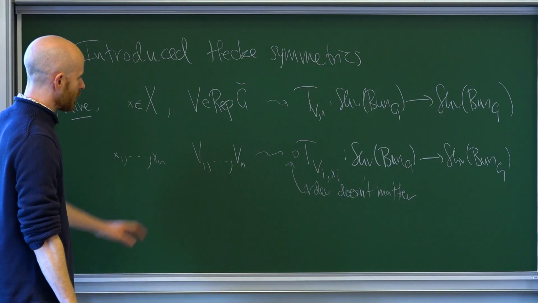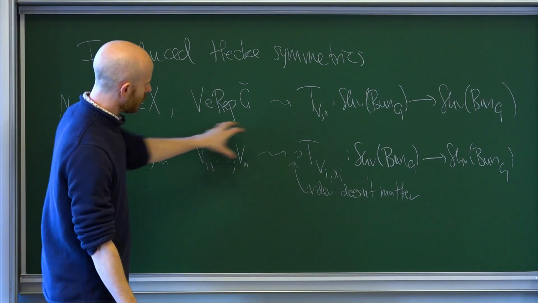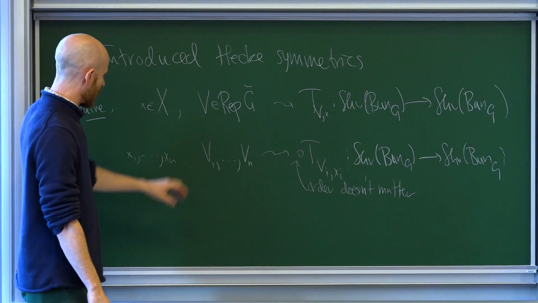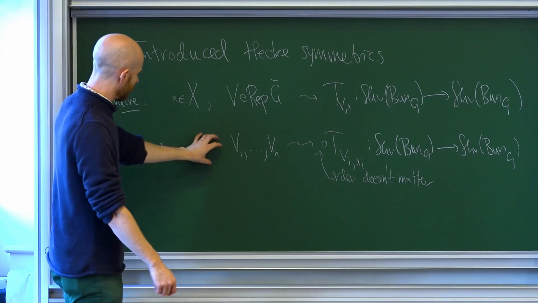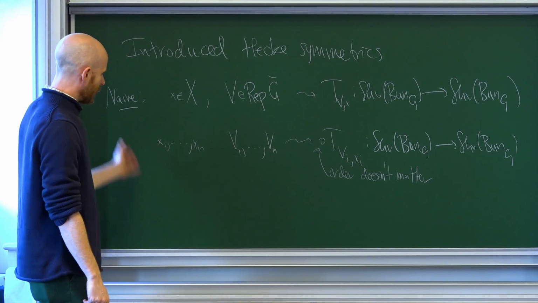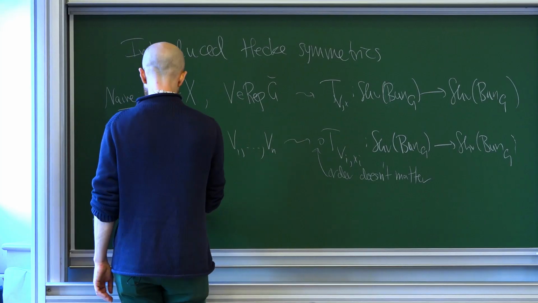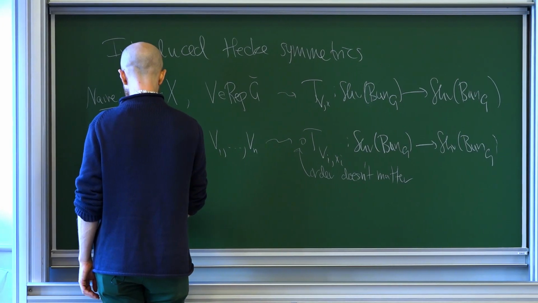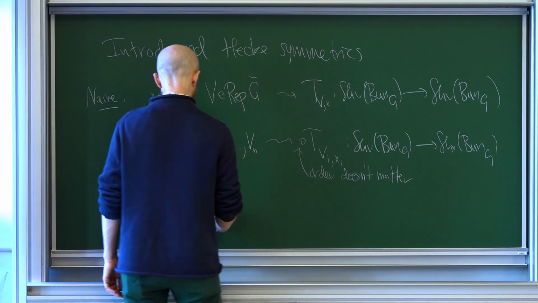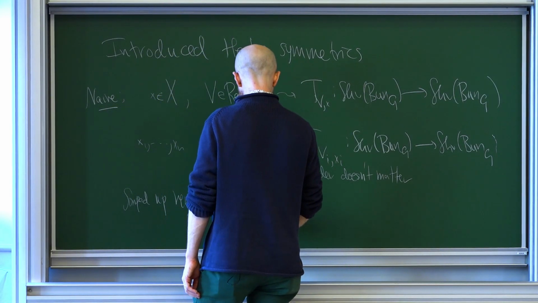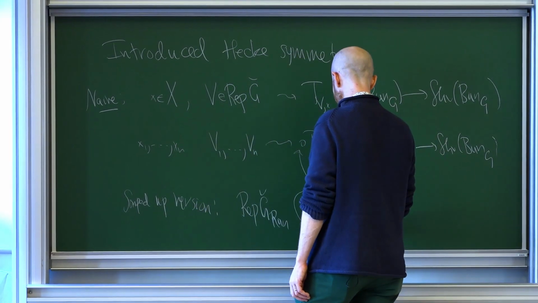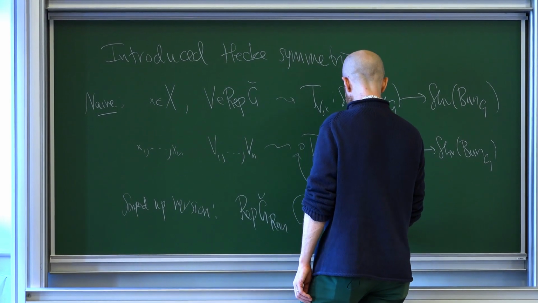I also said that you can take a construction like this and weight it by a constructible sheaf, or just any sheaf in the variables x1 up to xn, and then integrate that out. And so there's this souped up version, where there was some kind of source category, which we called Rep G check Ran, and this acted on sheaves on Bun_G.